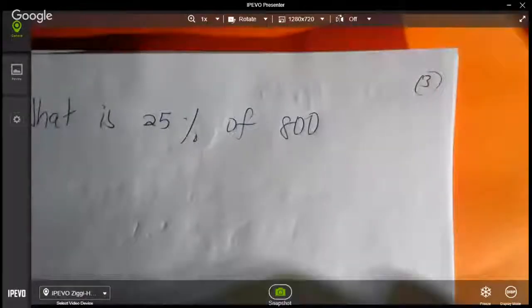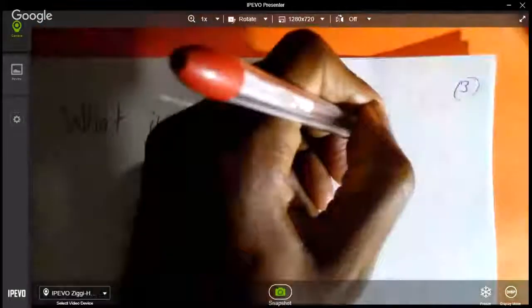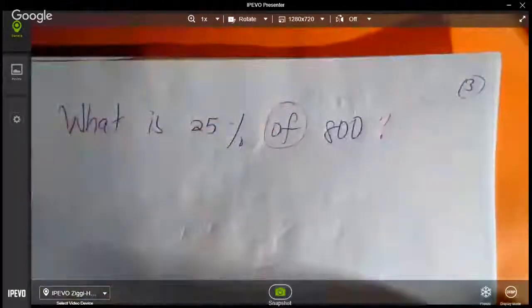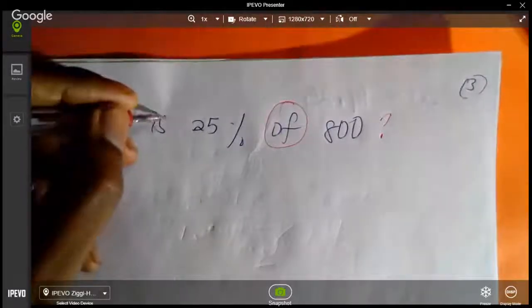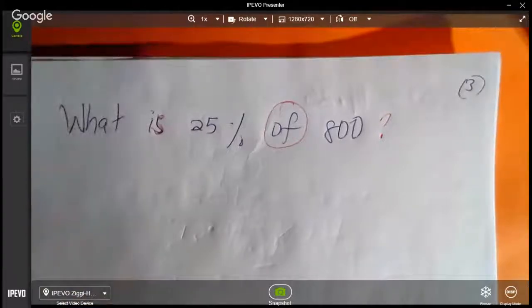Tally, your question. What is 25% of 800? In mathematics, what does "of" mean? Times. It means to multiply. So, what's 25%? How do we express that?